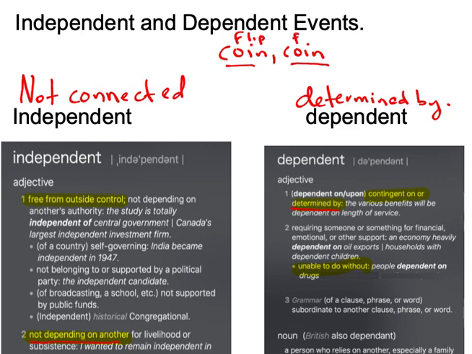It may be the same coin, but let's talk about whether it's independent or dependent. First, not connected. Are these two coin flips not connected? Does the outcome of one coin flip affect the other coin flip? Or is one of these coin flips determined by or restricted by the flip of the other coin?